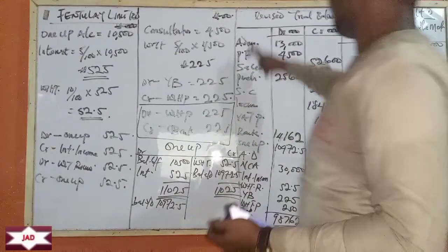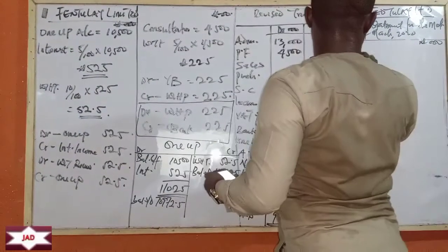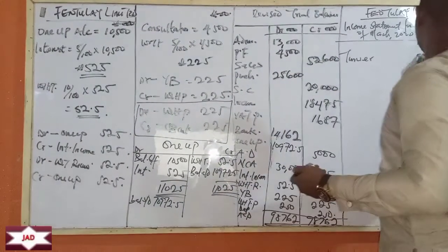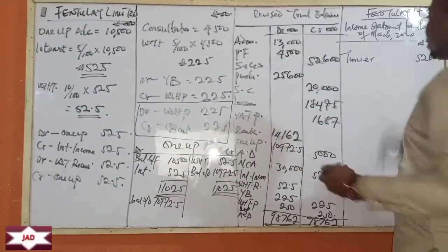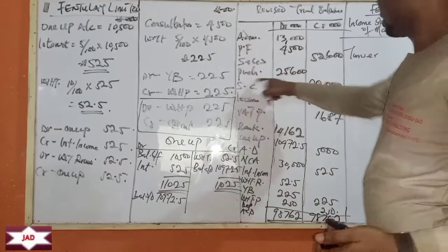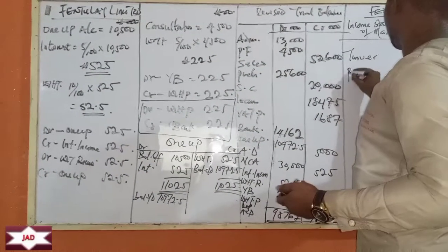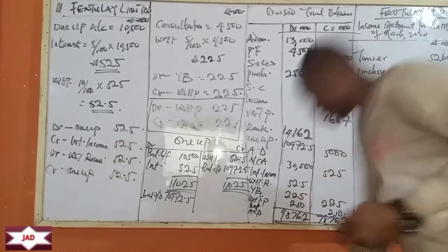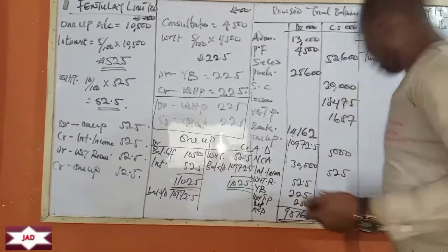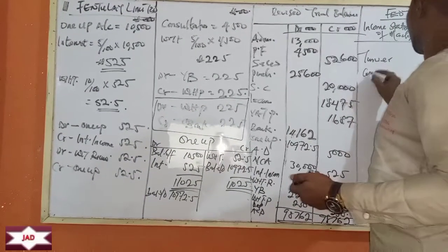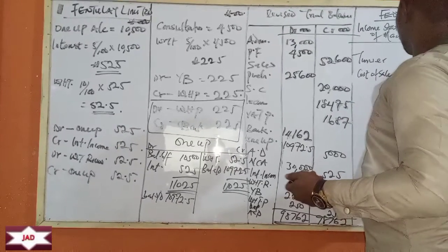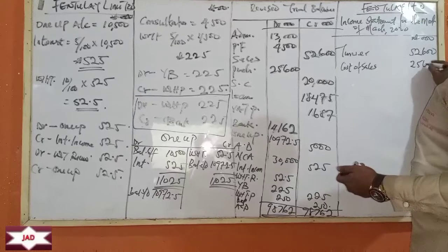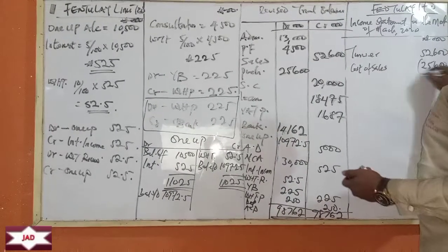What do we have there? Turnover here is 52,600. So what's the purchases here? Of course, this is your cost of sales, so let's use the right one. Cost of sales here is 25,600.